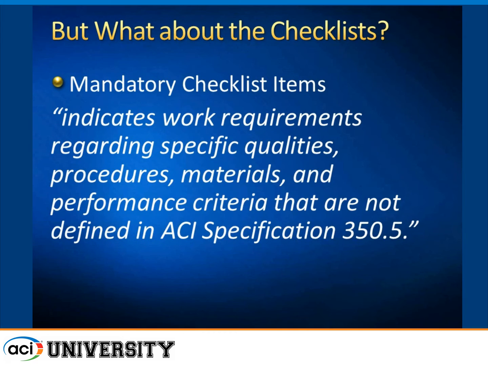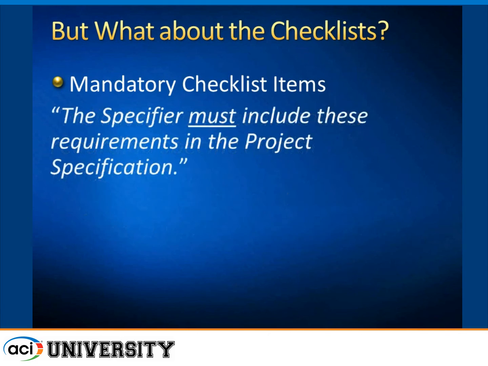So the mandatory items, at least the way we expect it to work, is the engineer will look at the mandatory items, go through every mandatory item and make sure that that's addressed in their project specification for a specific project. So in our view, you must include those. If you're using the 350.5 spec, referencing it, that's something that's the duty of the engineer.